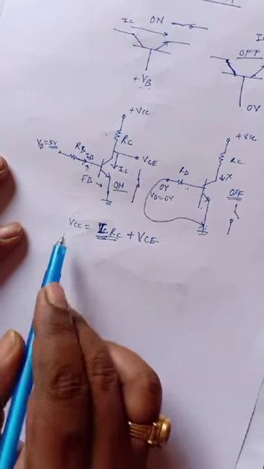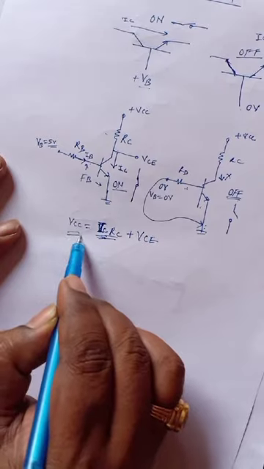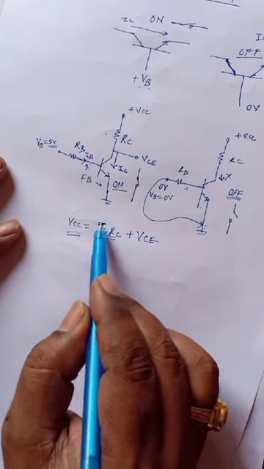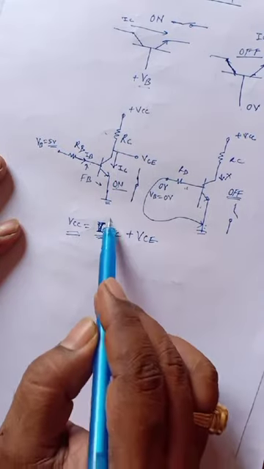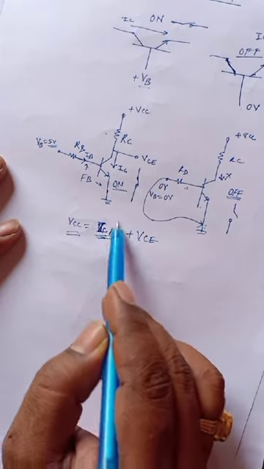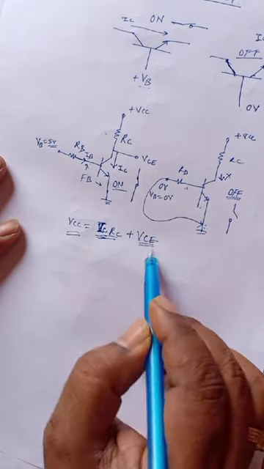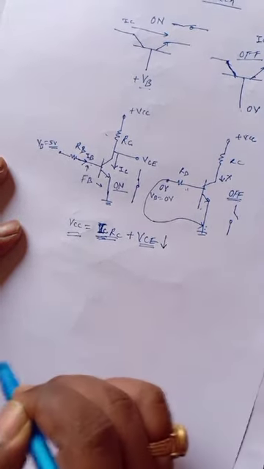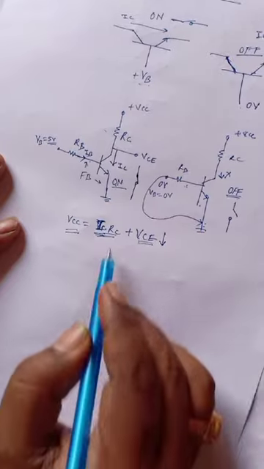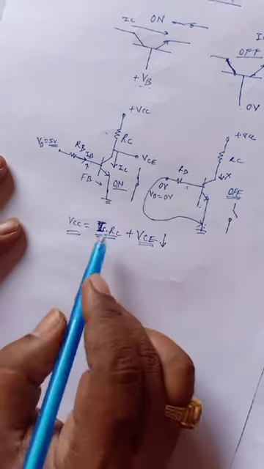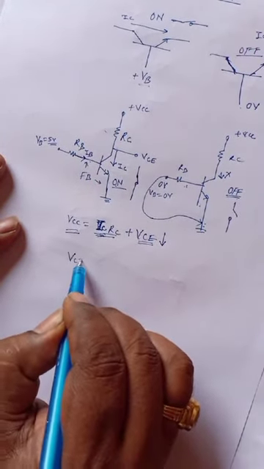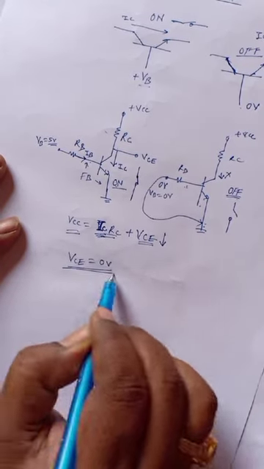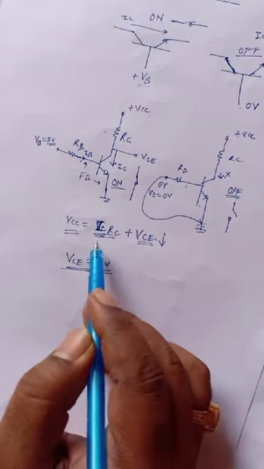VCC is fixed, 10 volt or 5 volt something. Then what will happen to VCE? VCE obviously decreases. So when the transistor is turned on, VCE becomes equal to 0 volt. Okay, so this is the main understanding.